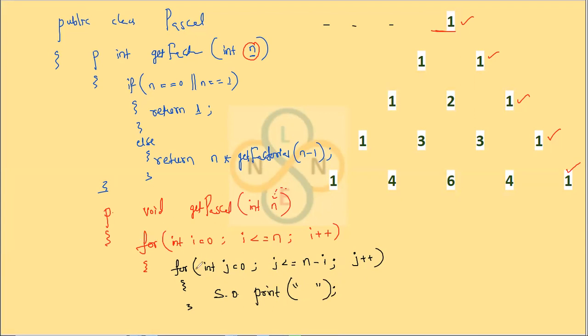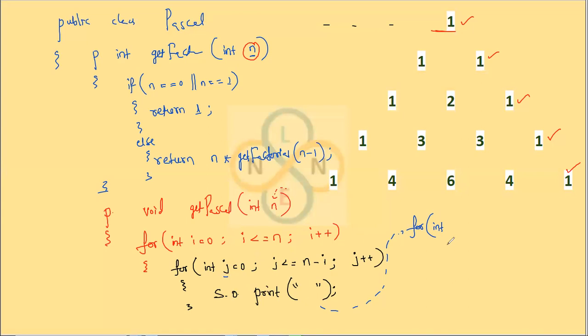Inside the outer for loop, one inner for loop's purpose is to print spaces. What about the next one, as a continuation to this one? Next part, one more for loop is required. What's the purpose of this for loop? Factorial of 0 is 0, then 1 is 0 and 1 is 1, based on that. So for this, again, one more for loop. So for int, we can use the same variable j or i also.